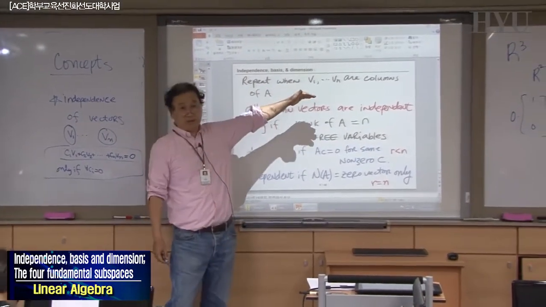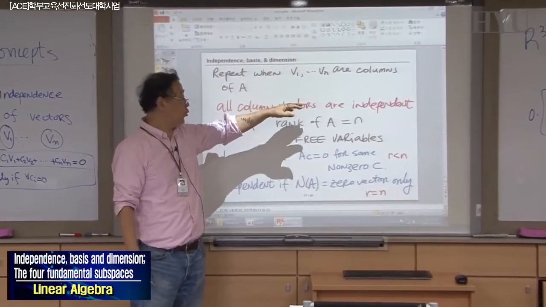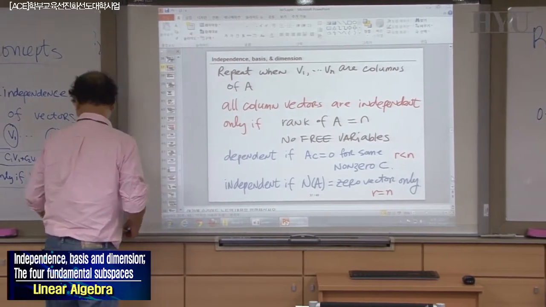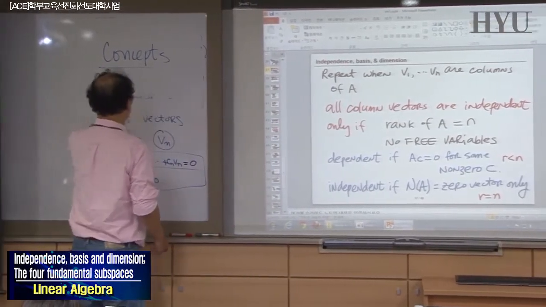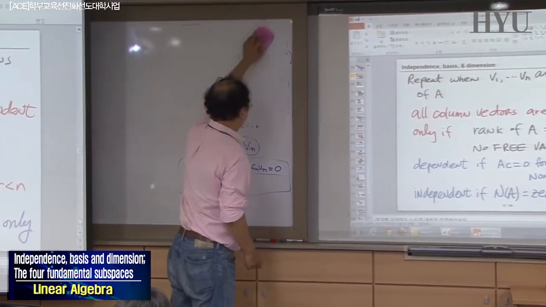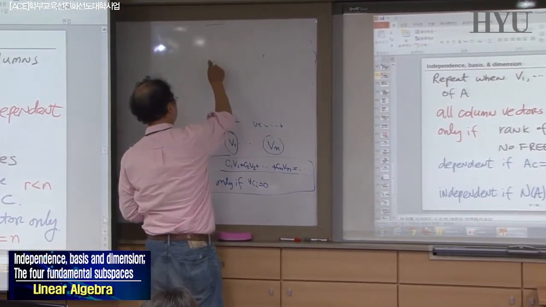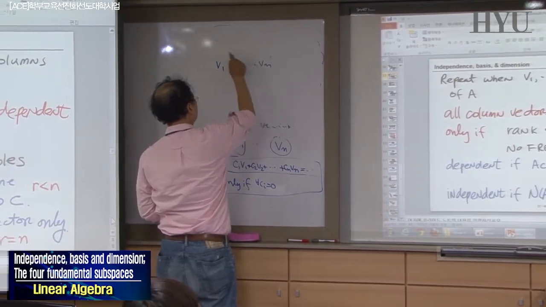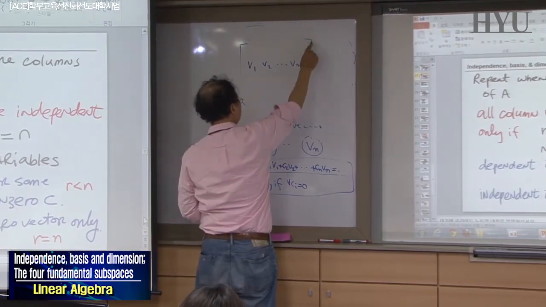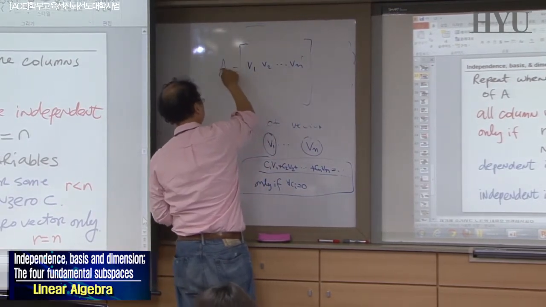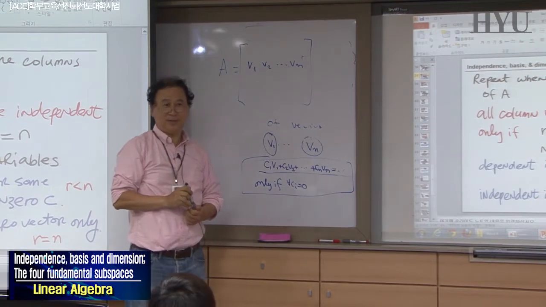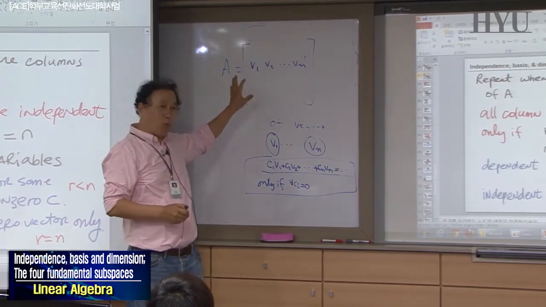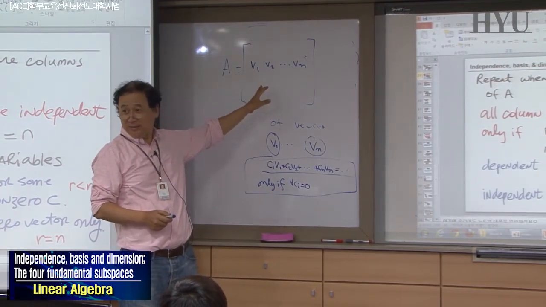When you have m vectors, this is one way you can represent them. Another way I can represent them is V1, V2, ..., Vn as the columns of A. This is another way to view a matrix, right?